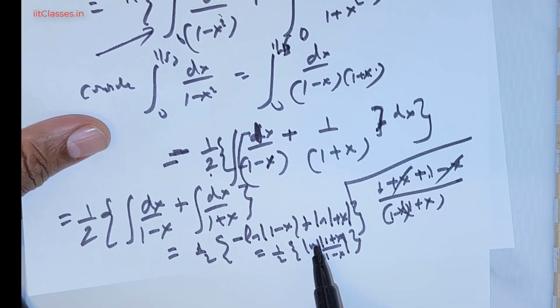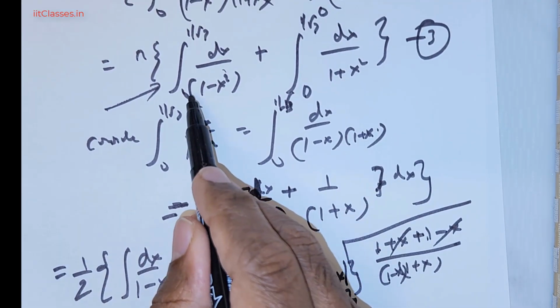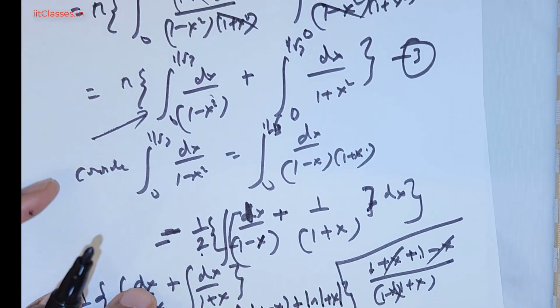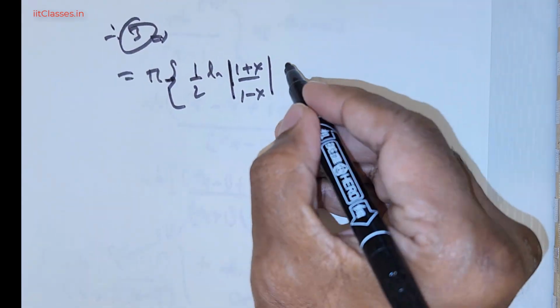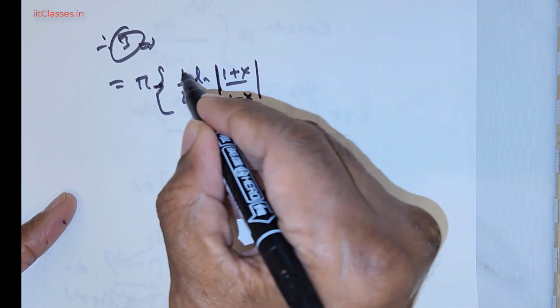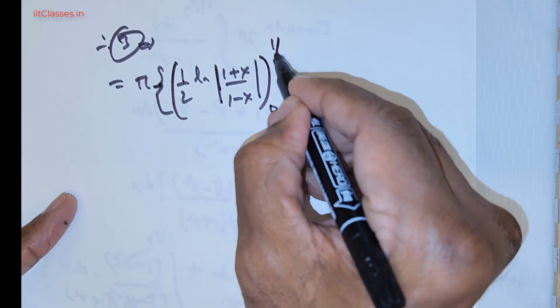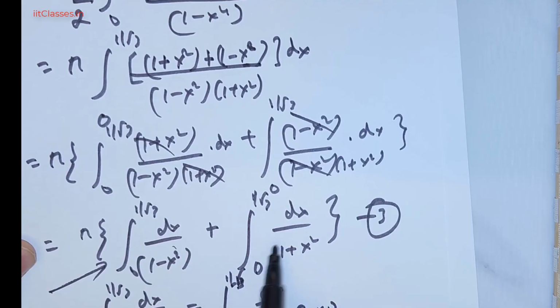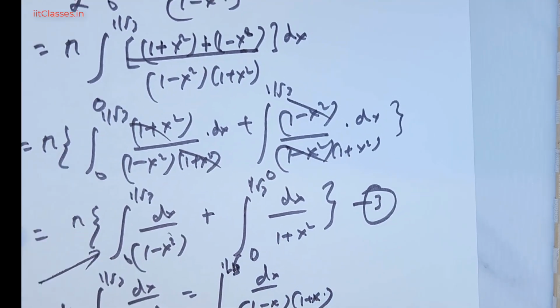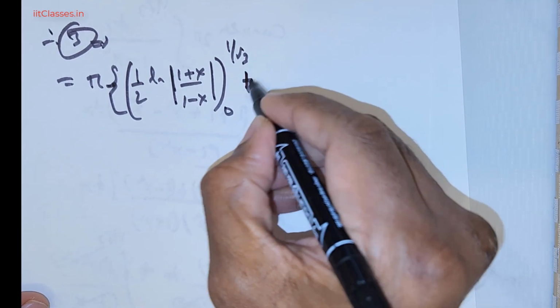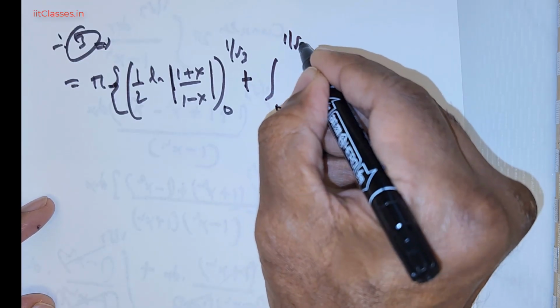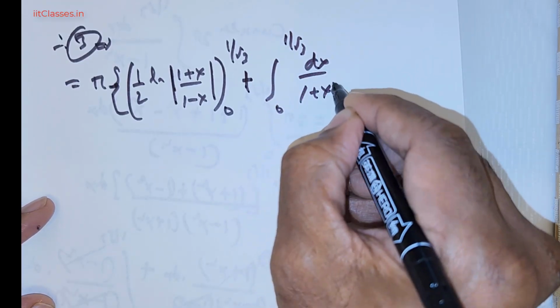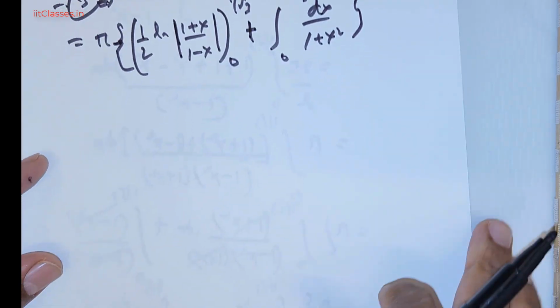I'm just showing you this, and the limits are 0 to 1 over root 3. Okay, we can substitute that limit. So 0 to 1 over root 3, followed by this quantity. I will have to integrate that, followed by the integral from 0 to 1 over root 3 of dx divided by 1 plus x squared.